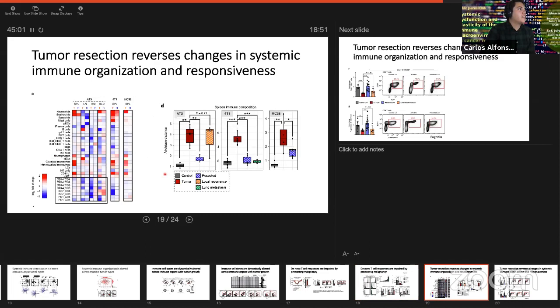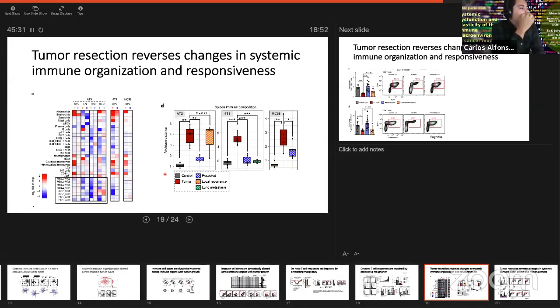So the next question to ask in this paper was whether all these changes that we see in the microenvironment after the tumor experience can be reversible. This is very relevant in cancer, because once you have surgically removed a tumor, what happens with the immune system, or what happens once the cancer is in remission.